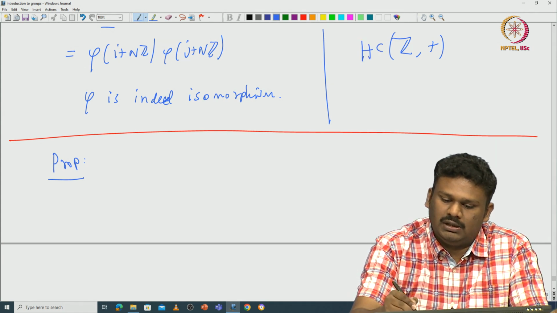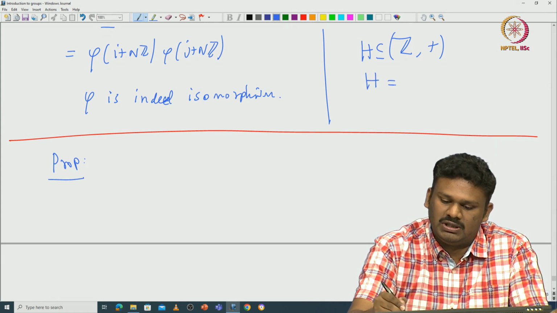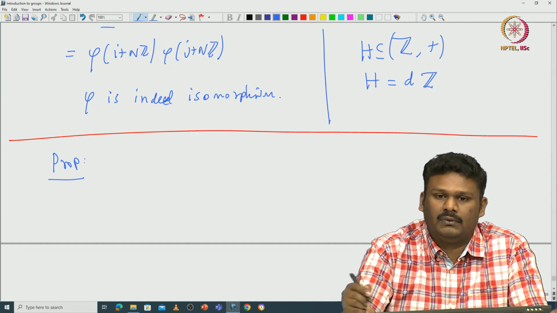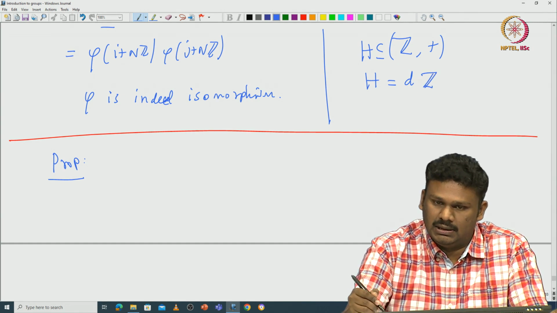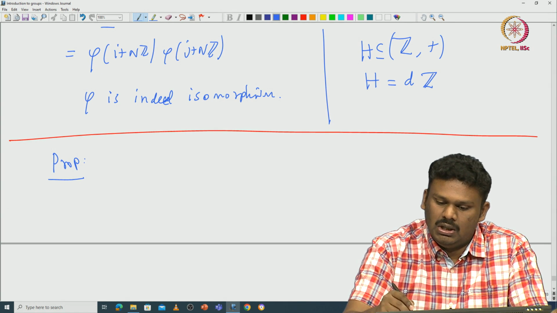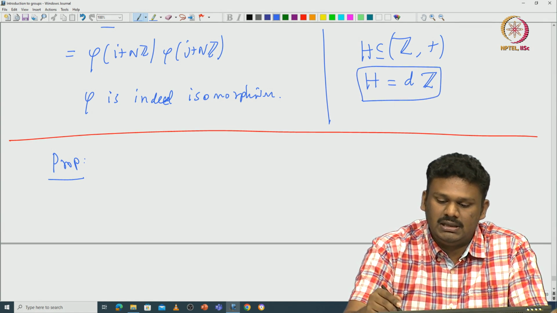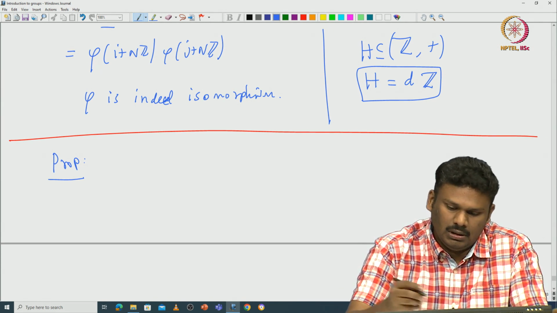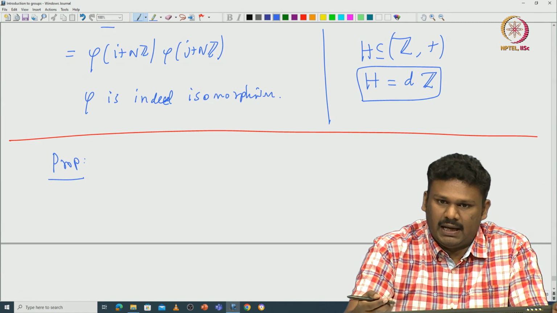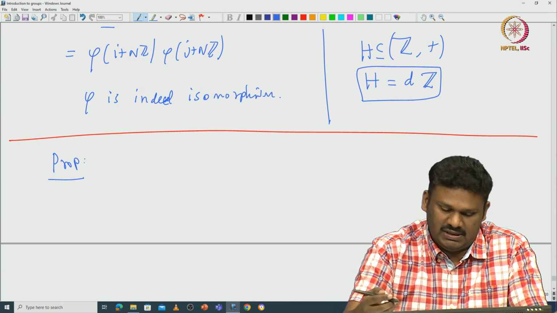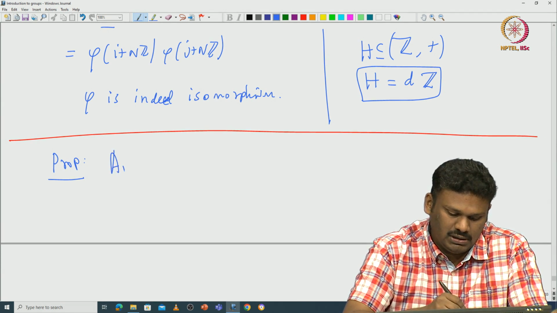If H is a subgroup, then H must be of the form dZ for some integer d. It is easy to see that dZ is again cyclic, generated by d. But this same thing happens for Z modulo NZ as well. So, that is what this proposition says.